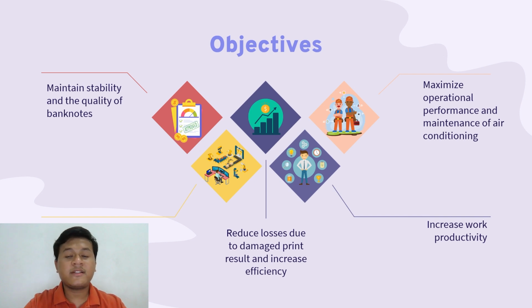The next one is to increase work productivity, and last but not least, to maximize operational performance and air conditioning maintenance by reducing physical fatigue and time in air conditioning, which formerly needed to be operated manually in the AHU room.